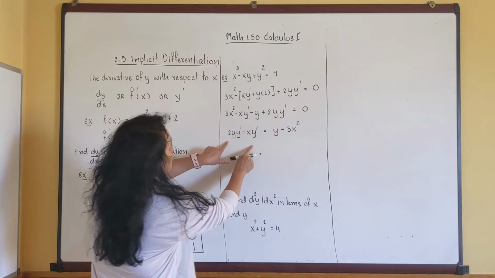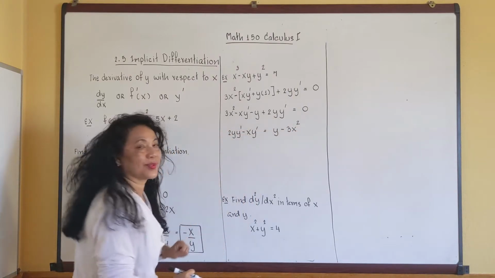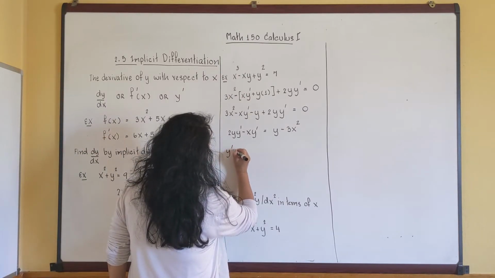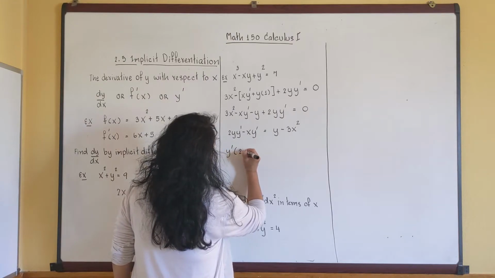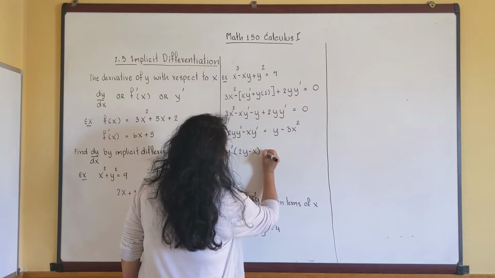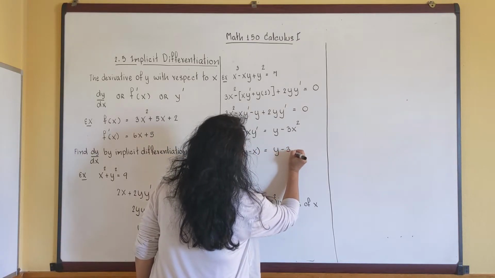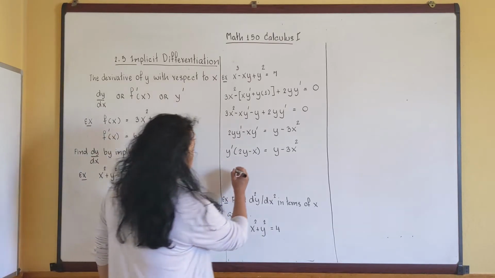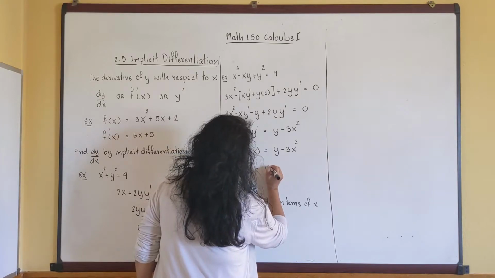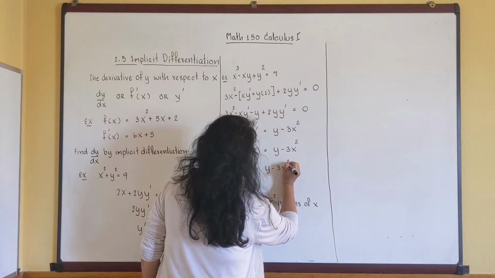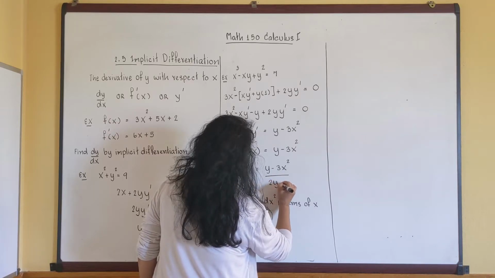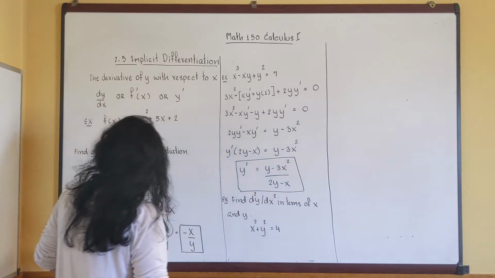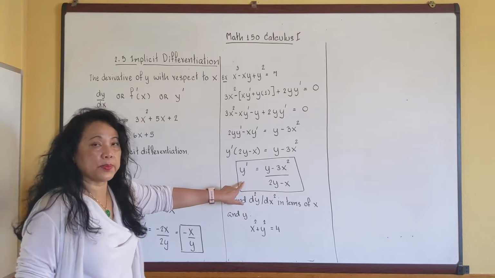Then I isolate y prime by factoring it out. I will have y prime times 2y minus x equals y minus 3x squared. Then divide both sides by 2y minus x, so I have y prime by itself. That would be my answer, because they're asking for dy over dx, which is y prime.